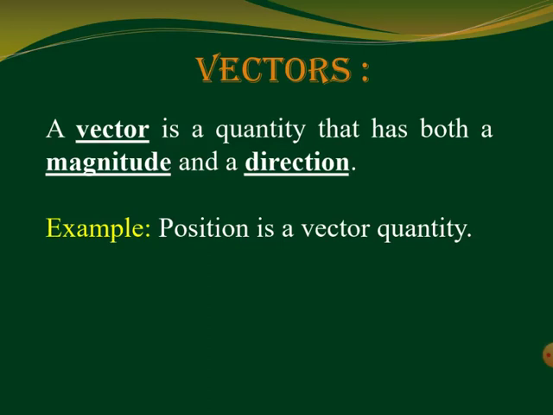From origin to the position of the body. Now displacement is also a vector quantity. Displacement, velocity, acceleration, force, these are all vector quantities, because they have both magnitude as well as direction.